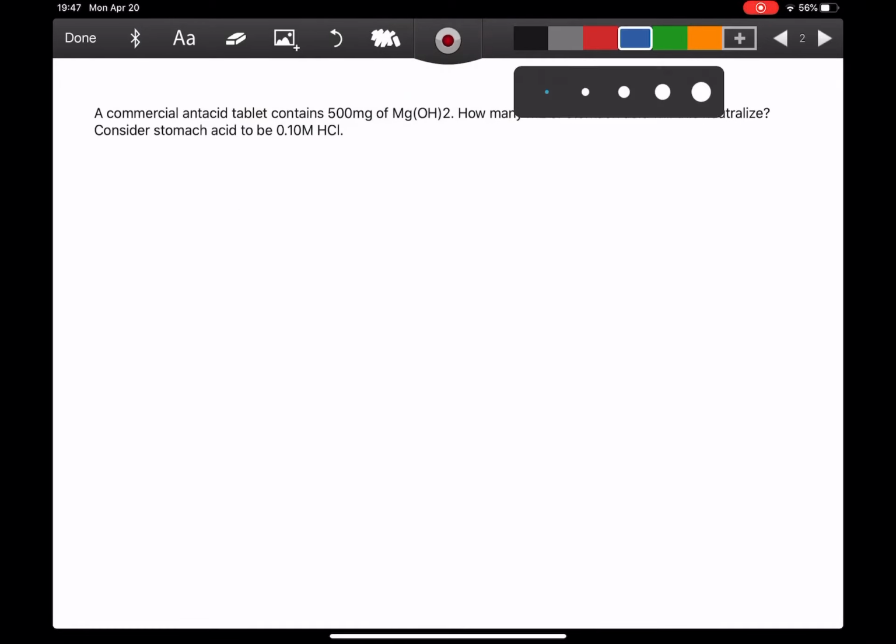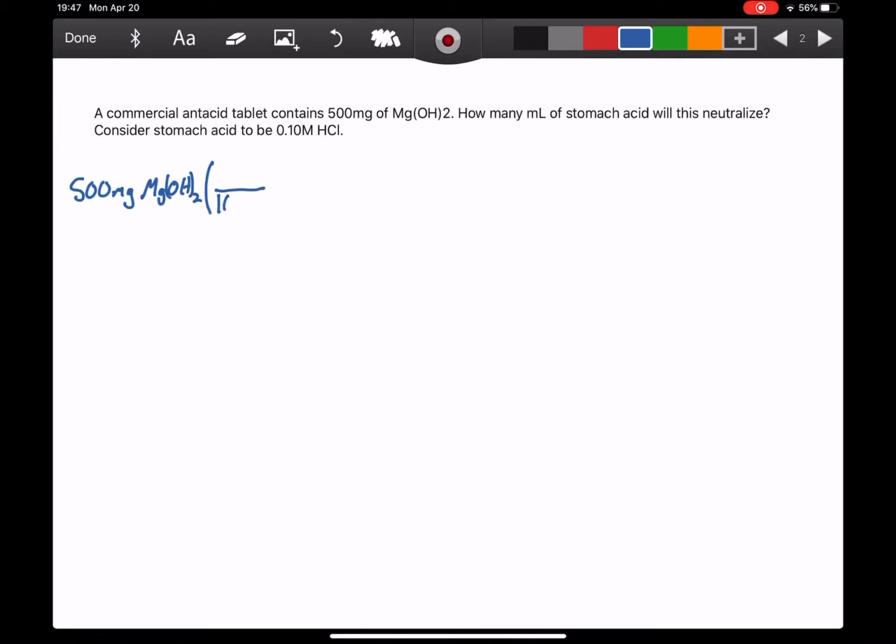If we were going to solve this using dimensional analysis, we would have 500 milligrams of magnesium hydroxide, 1,000 milligrams is equivalent to 1 gram, and then 58.33 grams is equal to 1 mole of magnesium hydroxide. 1 magnesium hydroxide is equivalent to 2 hydrochloric acids, and we got that from our balanced chemical equation.